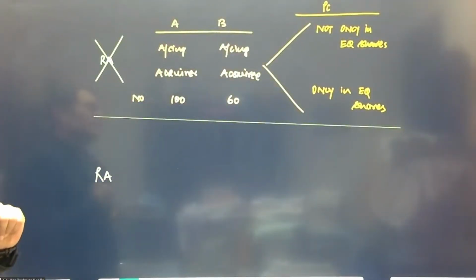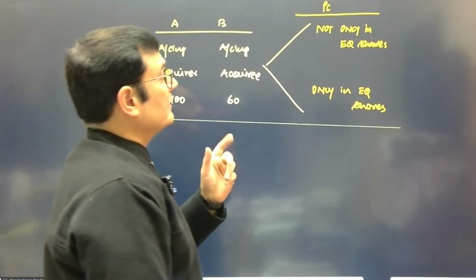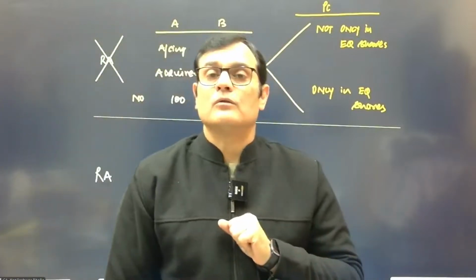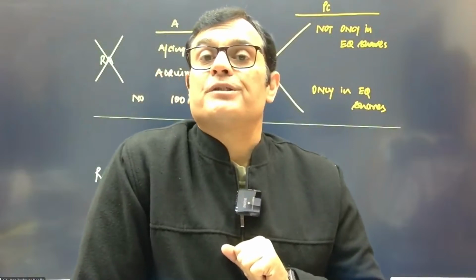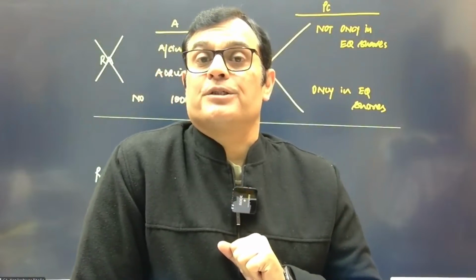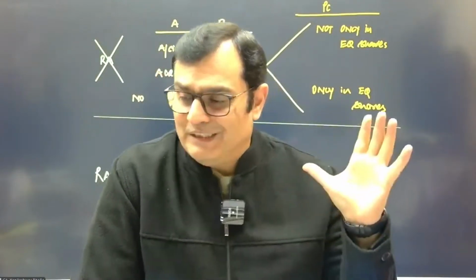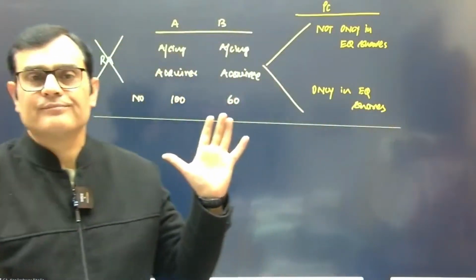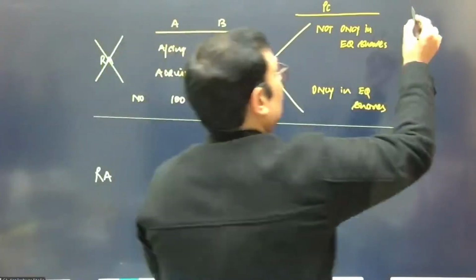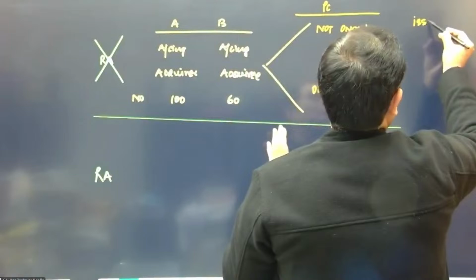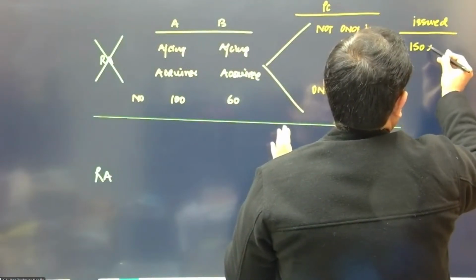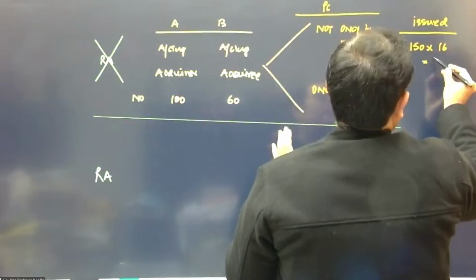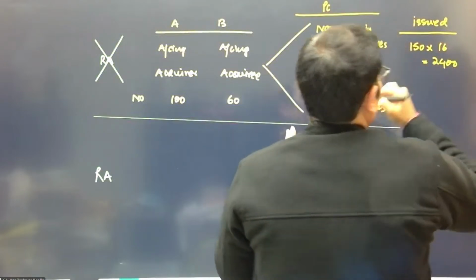If this is not a reverse acquisition and the consideration is not only in equity shares, what do I consider? The shares issued or the shares acquired? Tell me. Issued. Wonderful indeed. I will consider the shares issued. So can I say he issued 150 shares in his own company at the rate of 16? That works out at 2400.